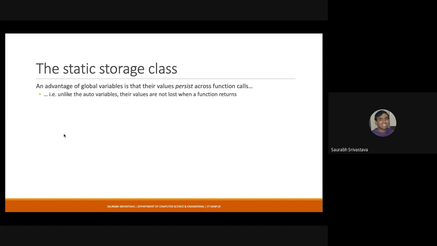With static, it is in some ways similar to a global variable, in that it doesn't matter what function calls are going on, the values persist. It's just that with a static storage class, this particular variable is essentially a local variable for a particular function, but the memory allocated to it is not freed.